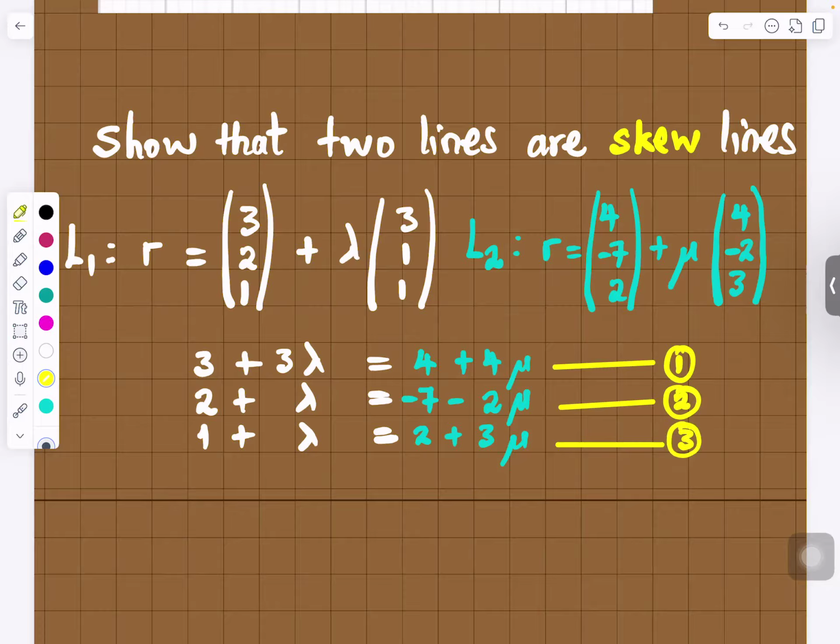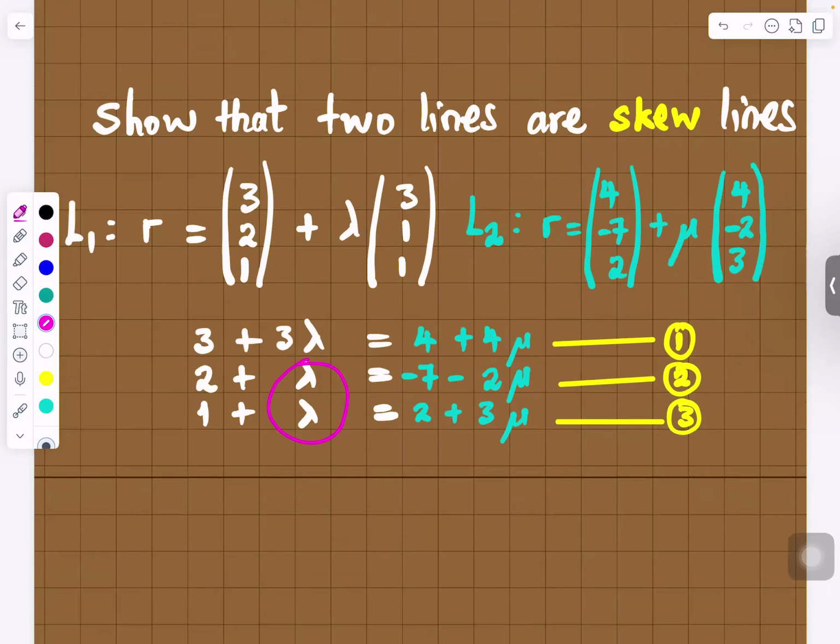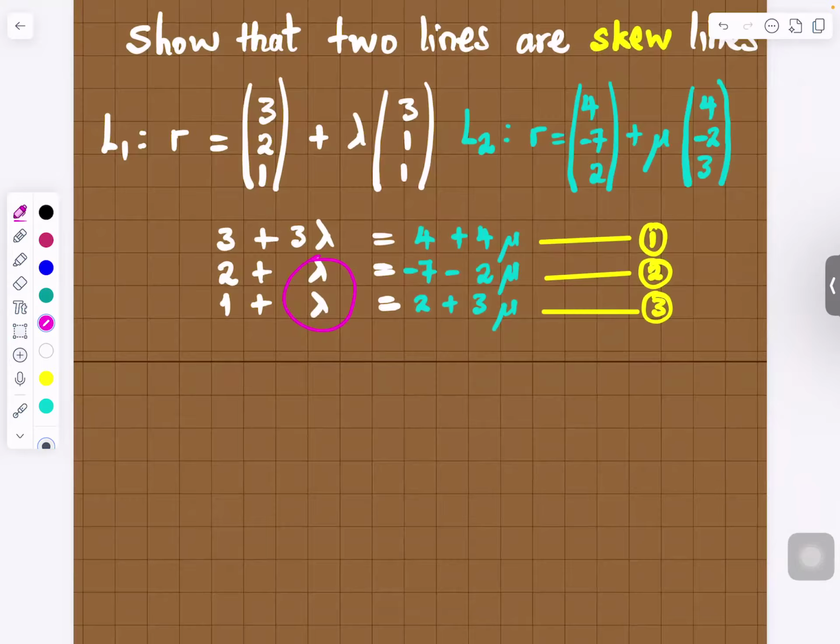So the plan now is to solve those three equations. But you can see the ones that have lambda and lambda there. So we can just use equation 3 minus equation 2 to find mu and sub into 3 to find lambda. We pick the ones that have lambda and lambda there so that we can do equation 3 minus 2.